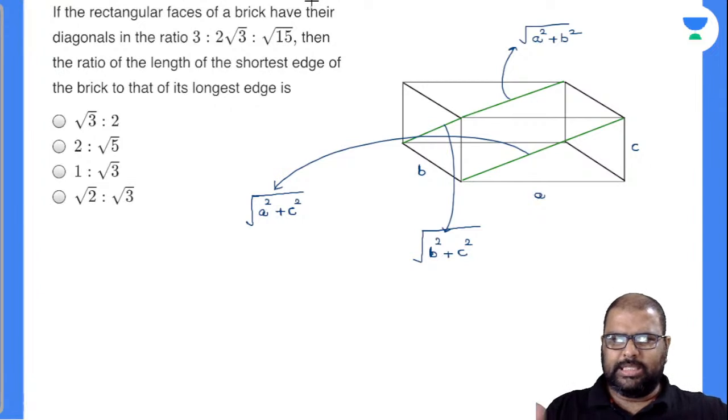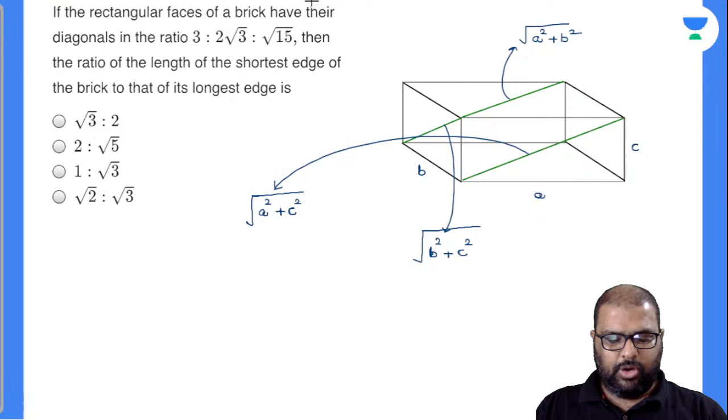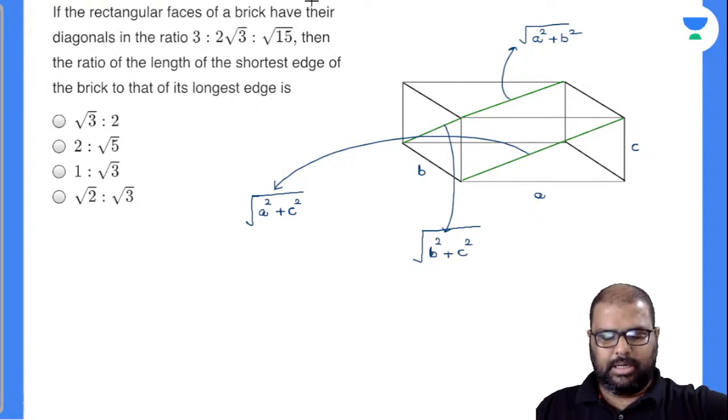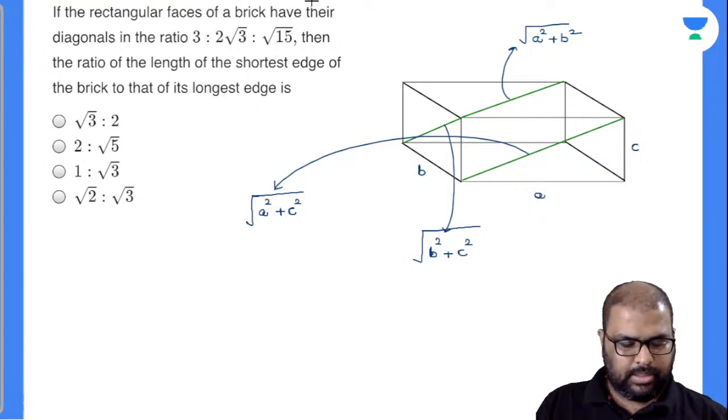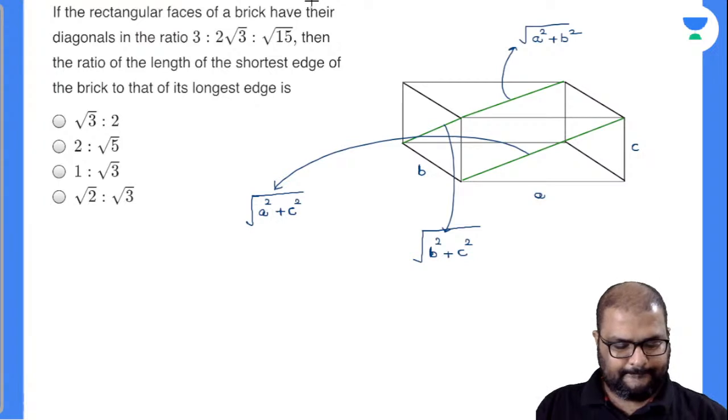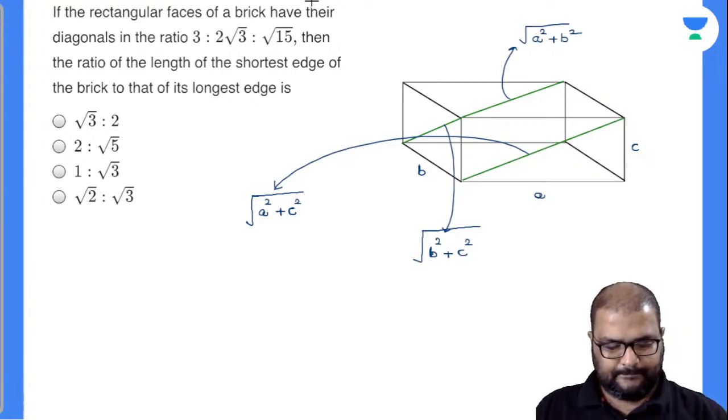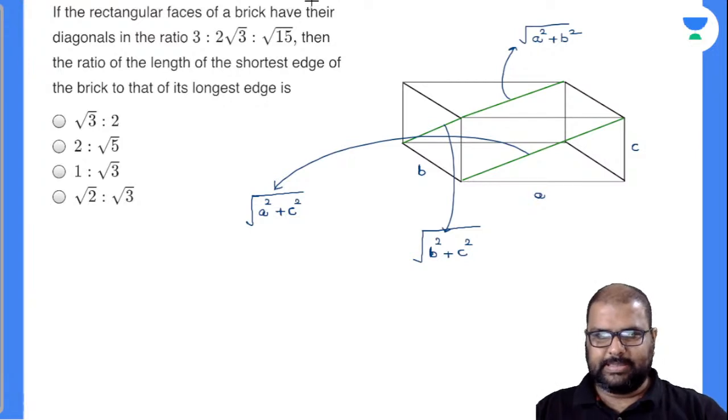2 into root 3 will be how much? Can anybody say this? Let's calculate. 2 into root 3 is 3.46.